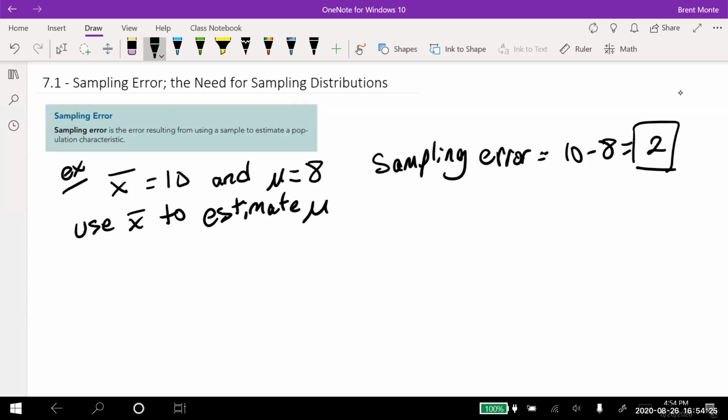So there's something called the sampling distribution of the sample mean. Let's write that down. The sampling distribution of the sample mean.